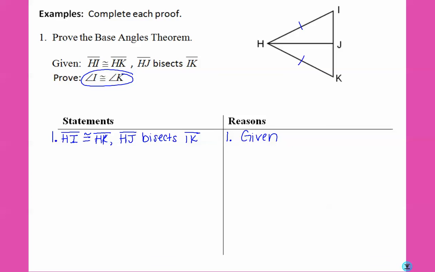Then, because HJ bisects IK, what do we know about IJ and JK? That's right, we know that they are congruent. So we know that IJ is congruent to JK, and we know that because that is the definition of bisect.